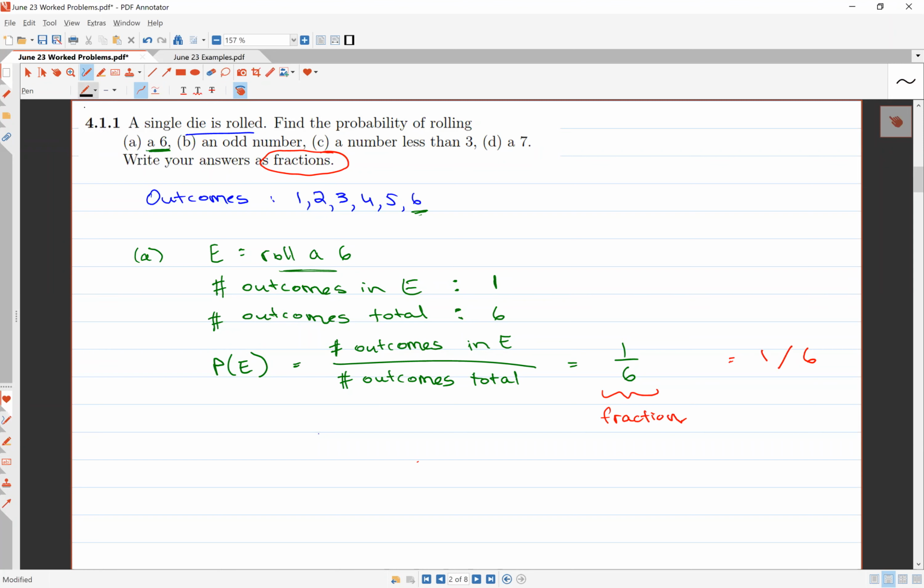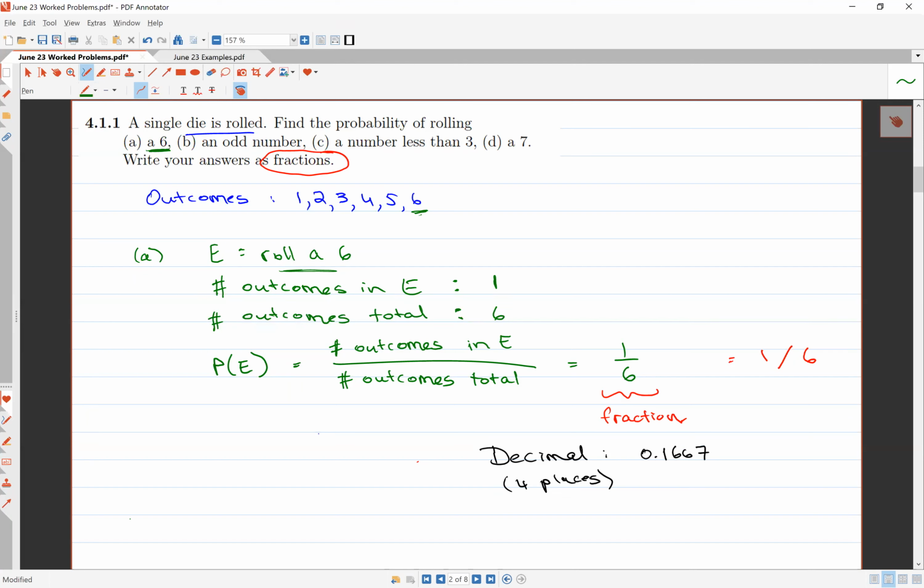If I had asked this as a decimal, generally, if we do a decimal here, you'll see it'll ask you to round to 4 places. So the same probability as a decimal would be 0.1667. So just check whenever you're doing the homework, pay close attention to whether it's asking for a fraction or a decimal.